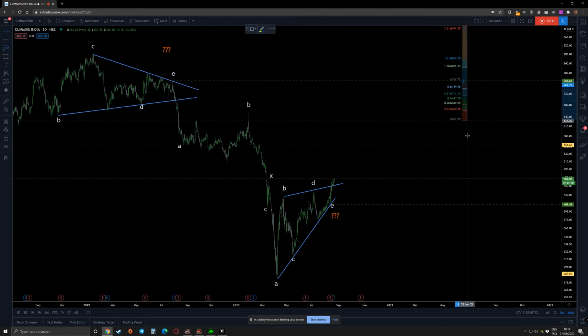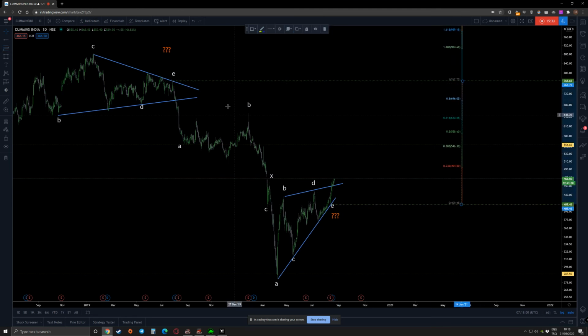And you should take your fib level. Unless it is a triangle, we need 618, because this is a corrective wave, and if this is a corrective wave, we need to go minimum 618, unless it is a triangle.